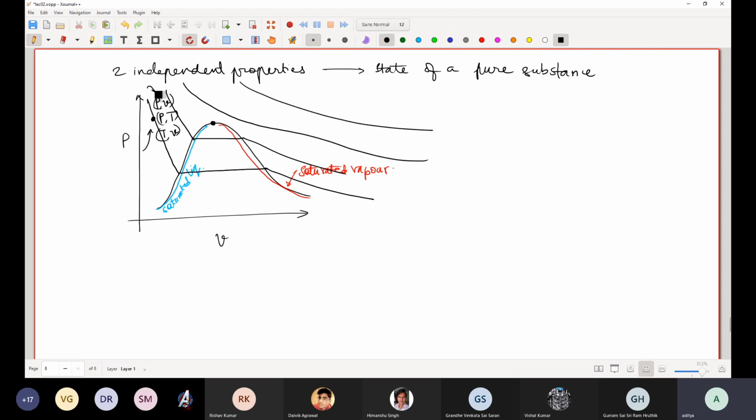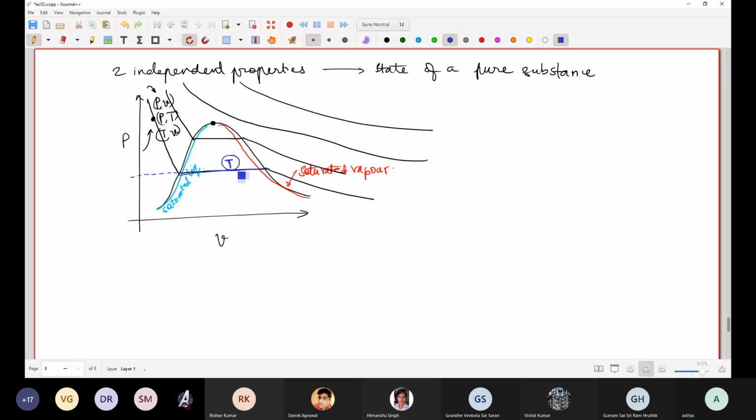You have to specify two independent parameters. But here is the important part, and I will keep reiterating this throughout the course. When the liquid reaches saturation, this particular temperature is not independent of the pressure. At this pressure, this is the temperature which is fixed, like the boiling point.